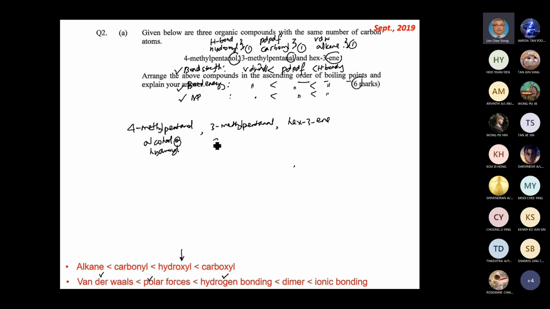Aldehyde should be carbonyl. If you put this on aldehyde, it will also be accepted. Alkene group, accepted here. Then you have to involve the type of intermolecular bonding. Hydroxyl, hydrogen bonding. Carbonyl is under permanent dipole forces. Go to chapter 2, physical chemistry, you can know about the name. Alkene group is under van der Waals forces.